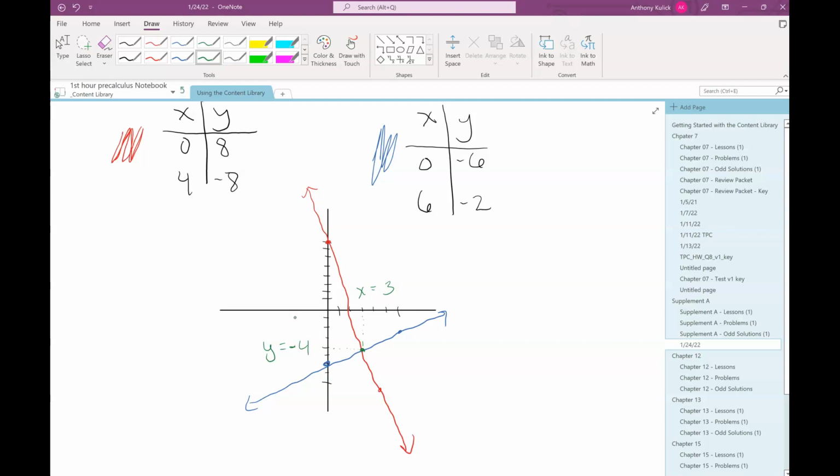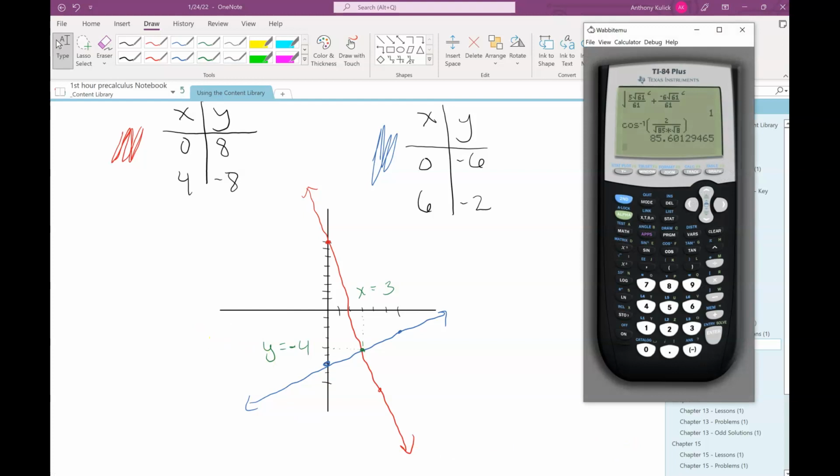In addition, would I really be able to tell from my hand drawing the difference between if my answer is 3, -3.9 and 3, -4? Probably not, right? So we'd prefer not to have to do this by hand, but rather do this electronically.